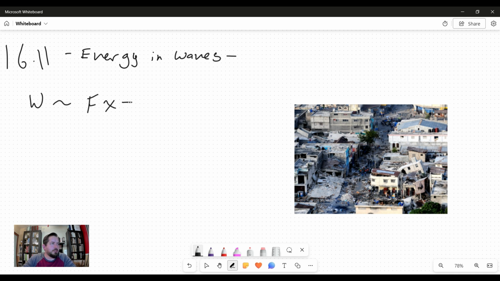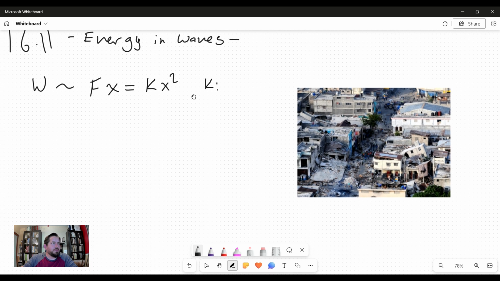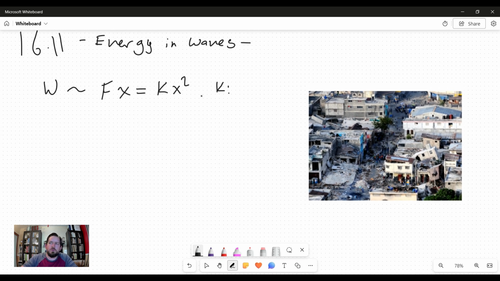This is equal to k times x squared, where k is just some constant that has to do with the wave itself. But rather than going through that kind of math, we decide to refer to these in terms of intensity instead.